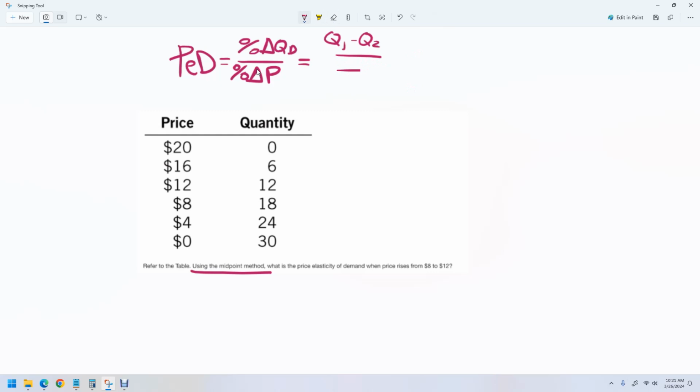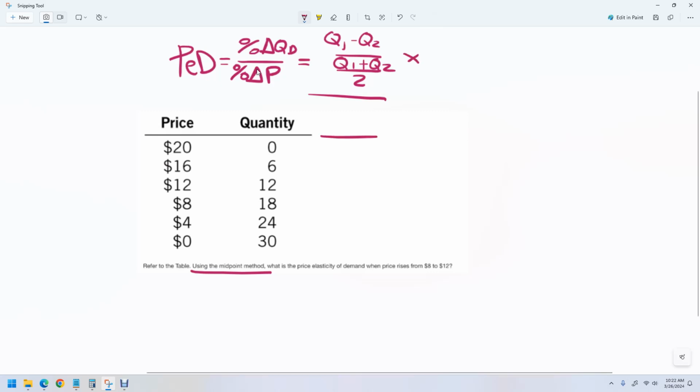So we're averaging the quantities. Now, in a lot of these problems, you can just look at it and eyeball it and say it's halfway between the two. And then this is a percent, so we're going to multiply that by 100 if we want to be really technical, because price elasticity of demand is a ratio of percents, and that's why it's not the slope as you might want to say it is.